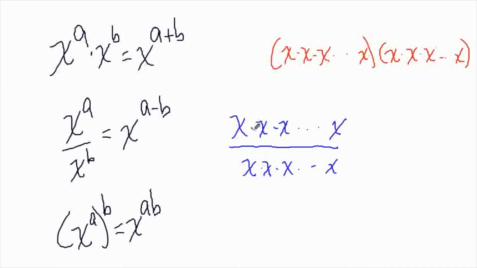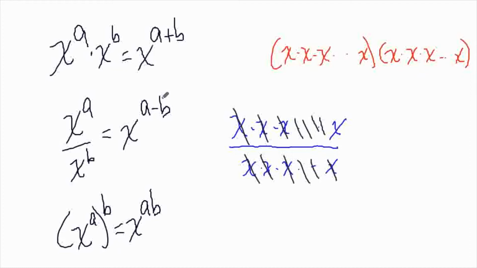So we have a different quantity of x's on top and bottom. So let's say that b was the smallest number, so we would cancel all the b's on the bottom, and then we would get rid of b x's on top. All right, and then how much would we have left? Well, we would have the difference of a and b, and that's why that's that rule.